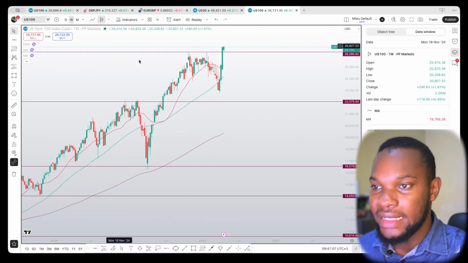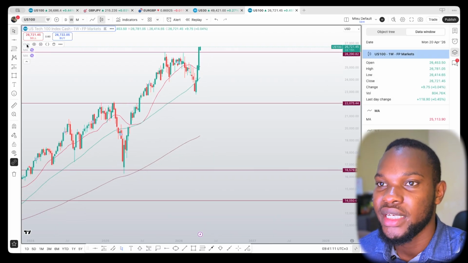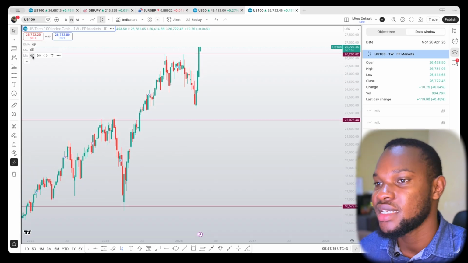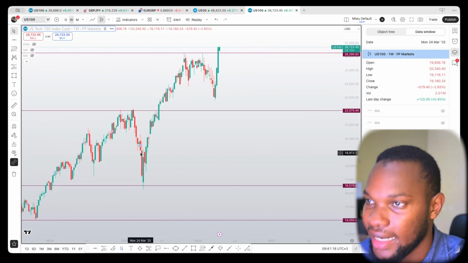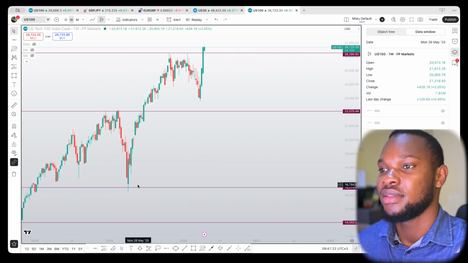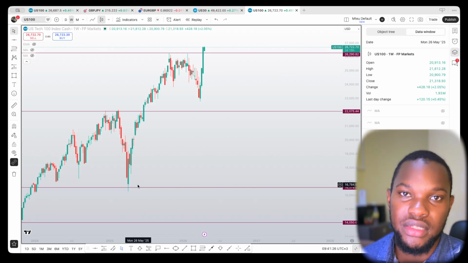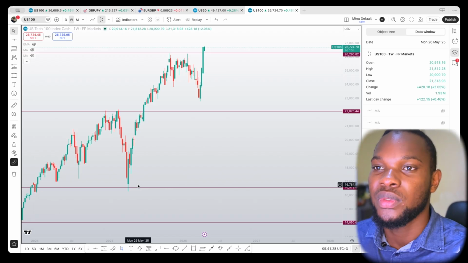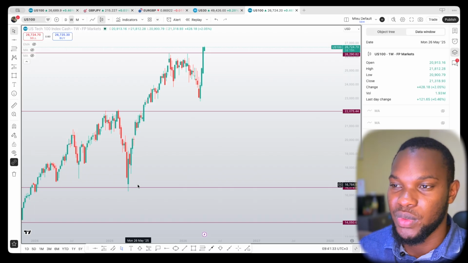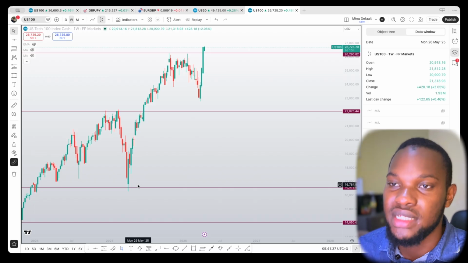Let's go to the weekly. What we're trying to do here is identify potential key areas where the price might react again, and those are the areas where you're advised to get in. You don't just get in at any time. You try to figure out places where there will be more buyers or more sellers.